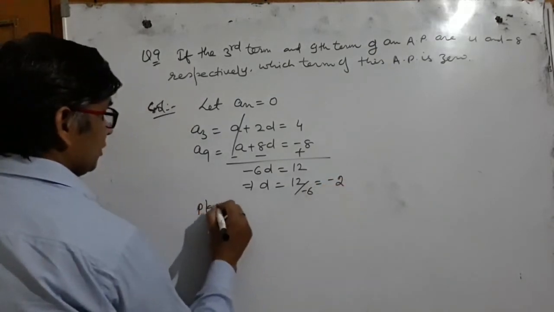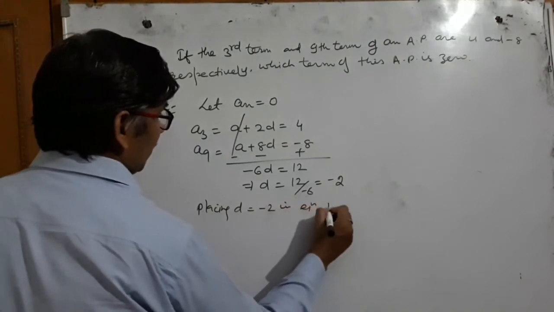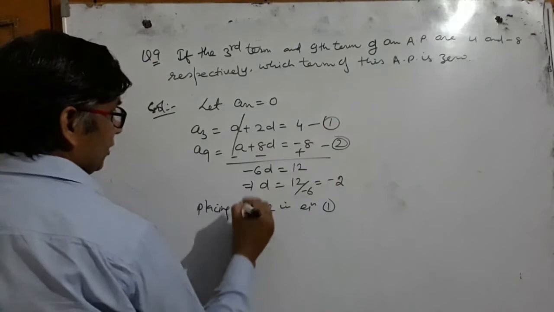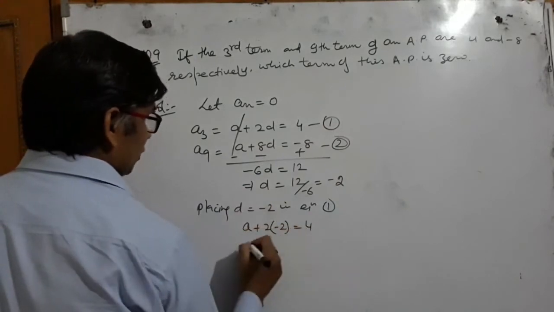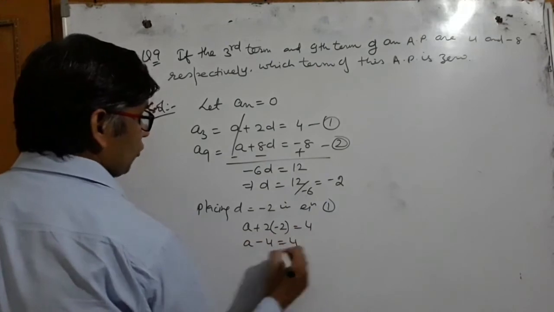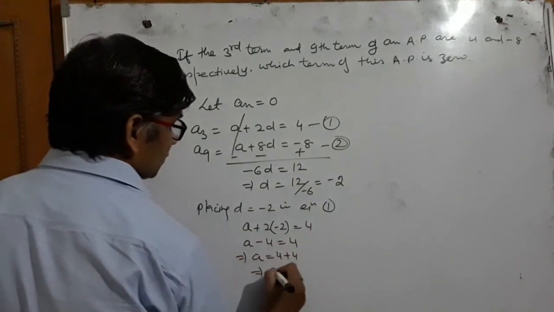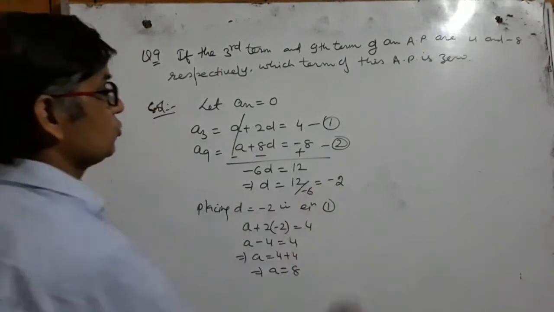Placing D equals minus 2 in equation 1. Suppose this is equation 1, this is equation 2. A plus 2 into minus 2 equals 4. A minus 4 equals 4, so A equals 4 plus 4. So A equals 8. The first term is 8 and the common difference is minus 2.